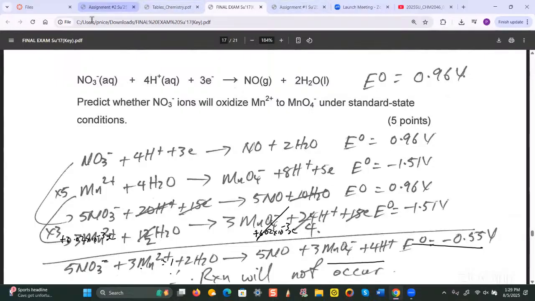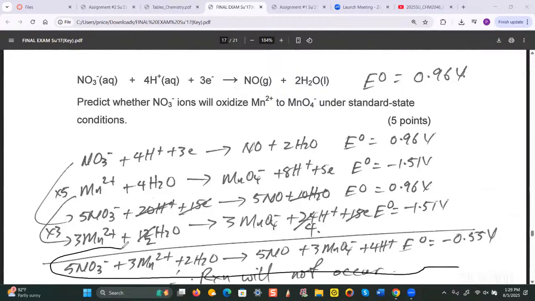So, you said I could also, instead of reversing the second equation, I could reverse the first one? Yeah, but that will give you the reverse reaction. When you go through all the steps and add them up, you're going to get this reaction in the reverse. So, you're going to end up with a positive 0.55 volts.